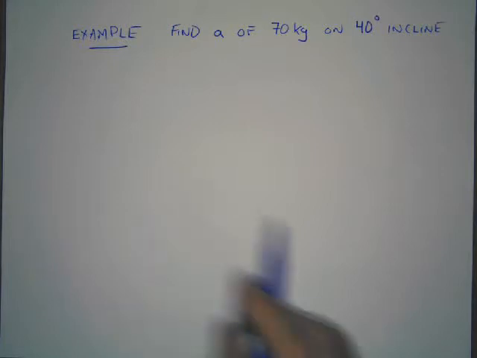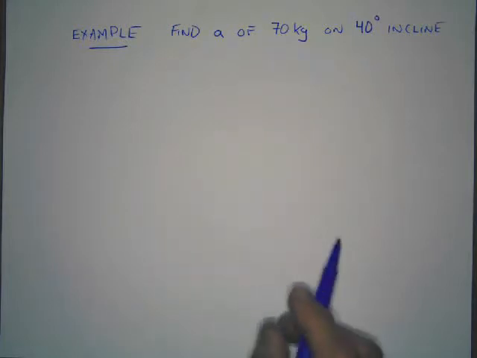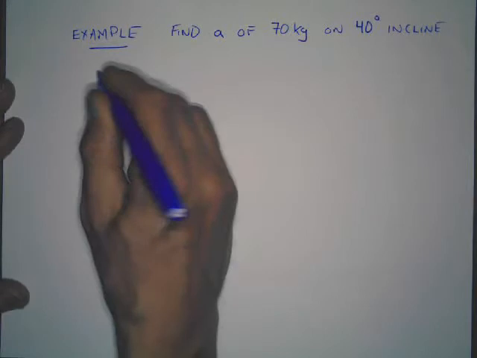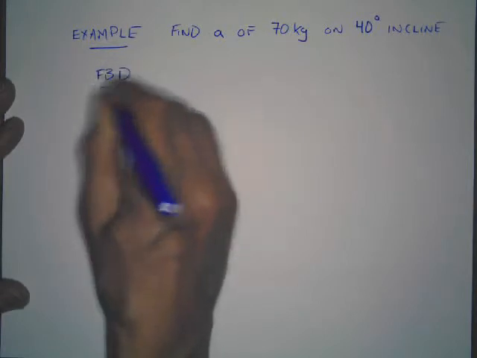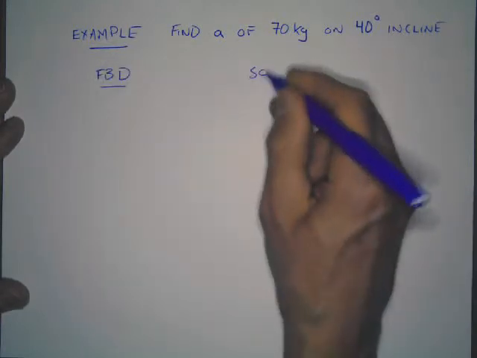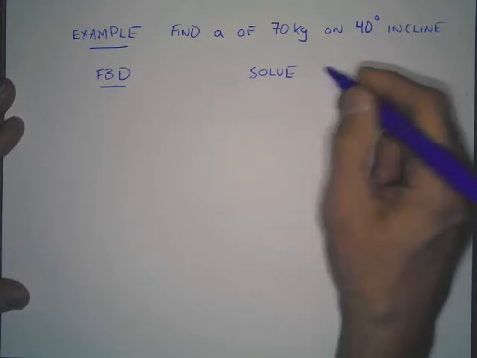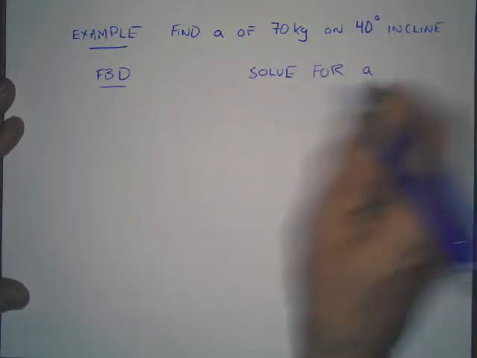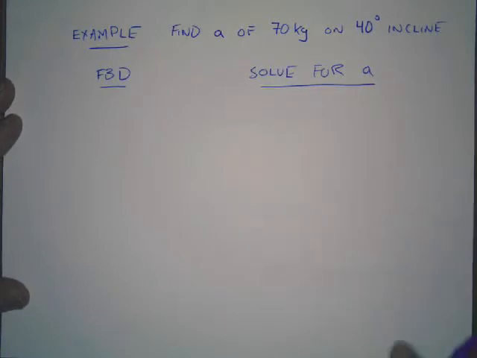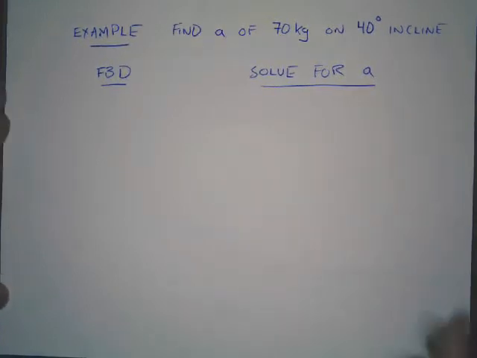The process here is very much the same as what we did before. You're going to draw an FBD, and then you're going to solve for acceleration. We did a lot of problems like this last week.